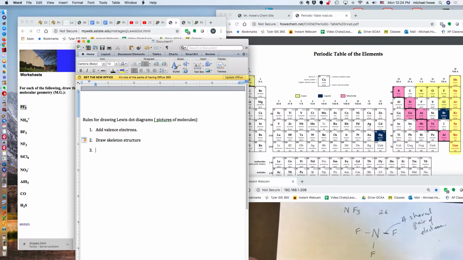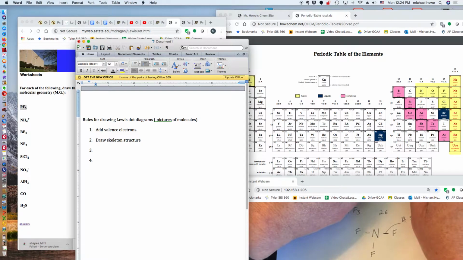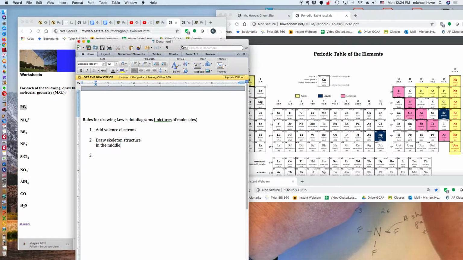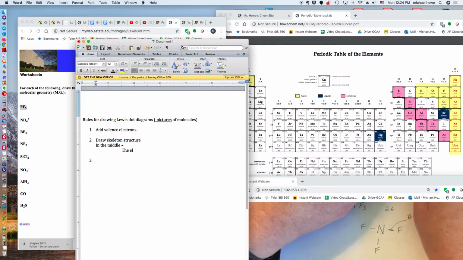All right, so the second rule is draw a skeleton structure, and I'm going to put some rules about what goes in the middle. Things to consider: what goes in the middle is the element closest to the middle of the periodic table.